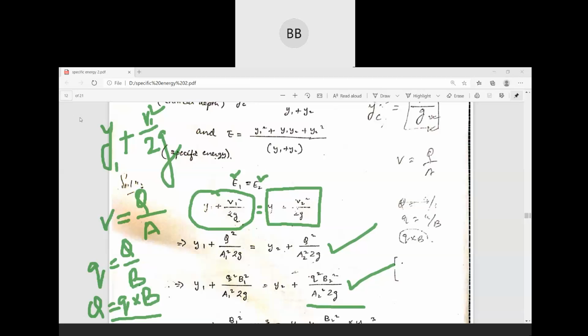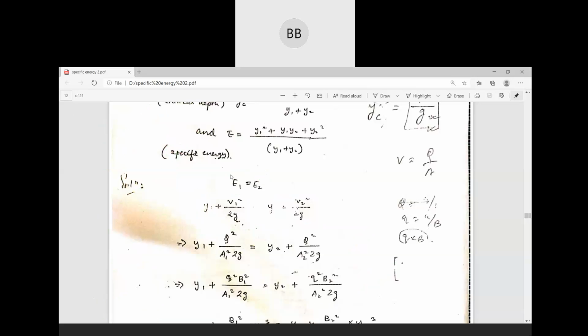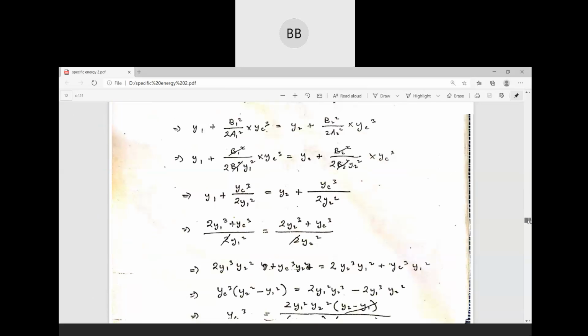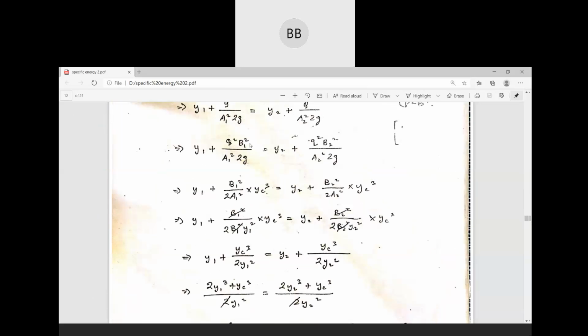Okay, so then we proceed to the next. We are replacing that discharge by small q multiplied by b.